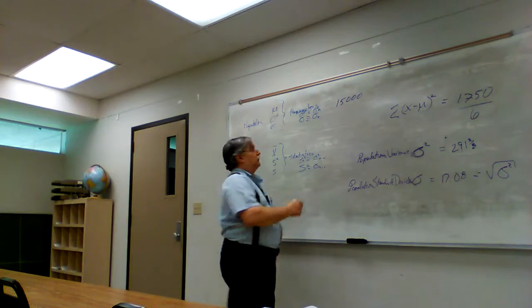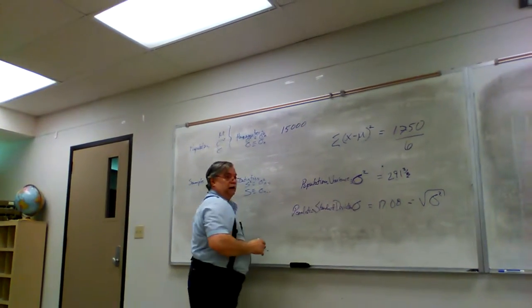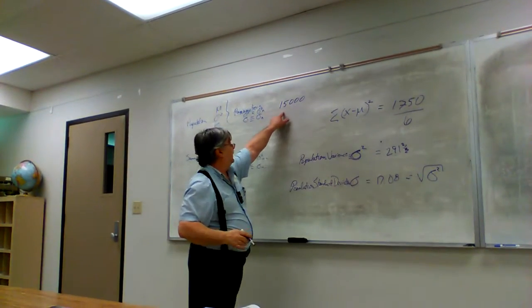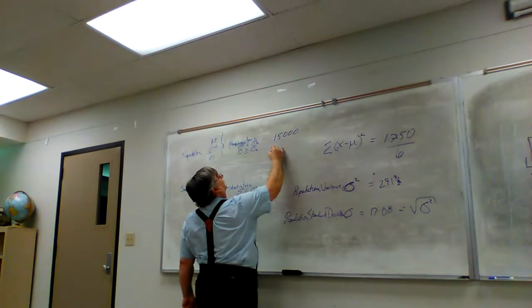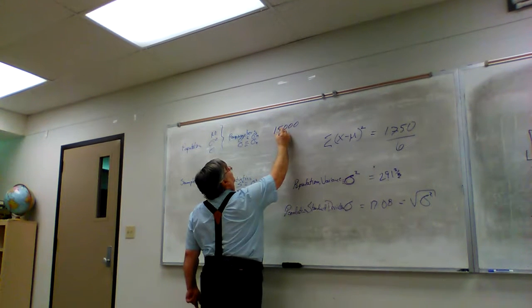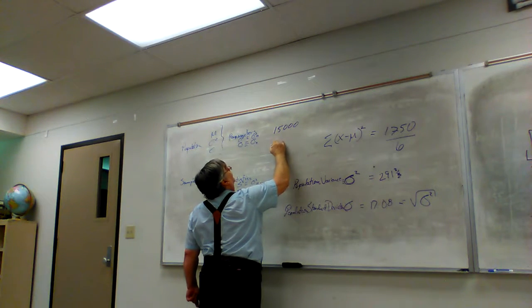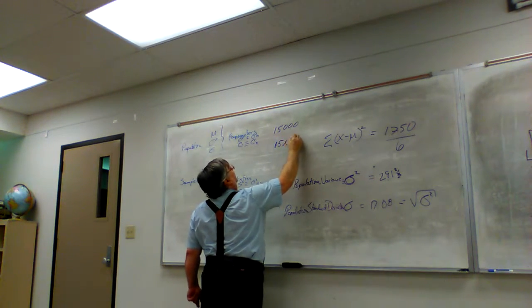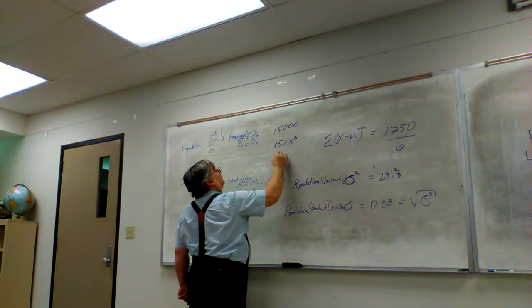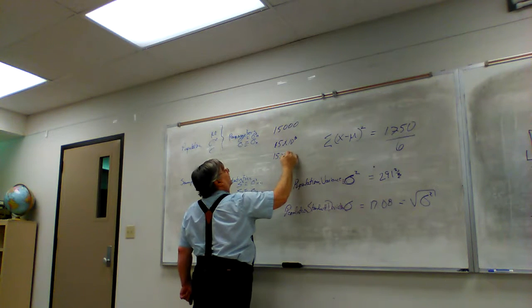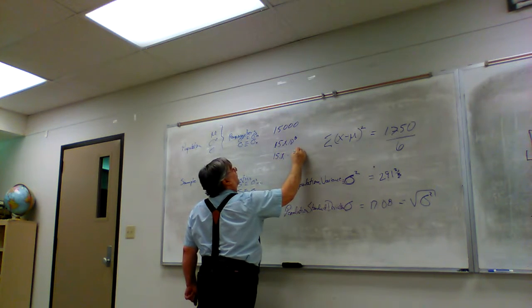2. So if you were calculating the mean based on data that had 2 significant digits, you could write this as 15 times 10 to the power of 3, and you would then round it to 15.x times 10 to the power of 3.